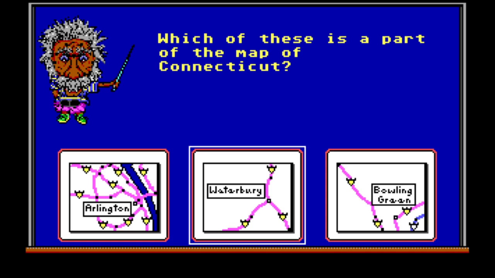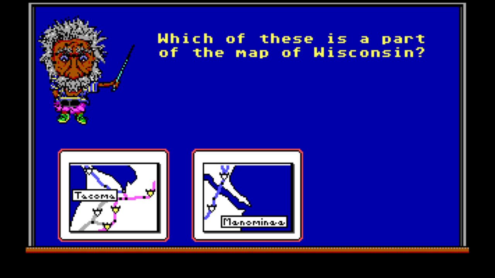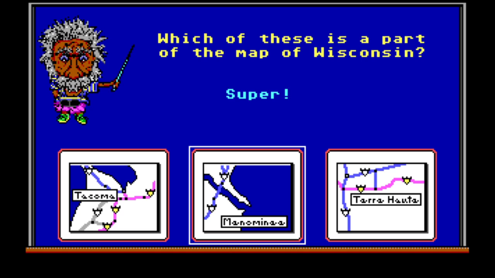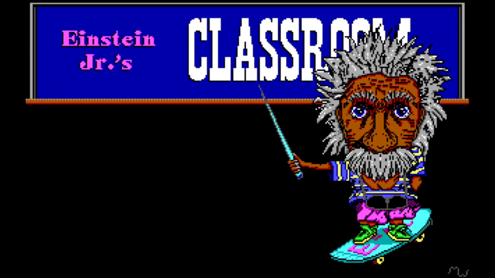Connecticut. Waterbury. It's not Tacoma. I'm going to say Menominee. Alright, decent.